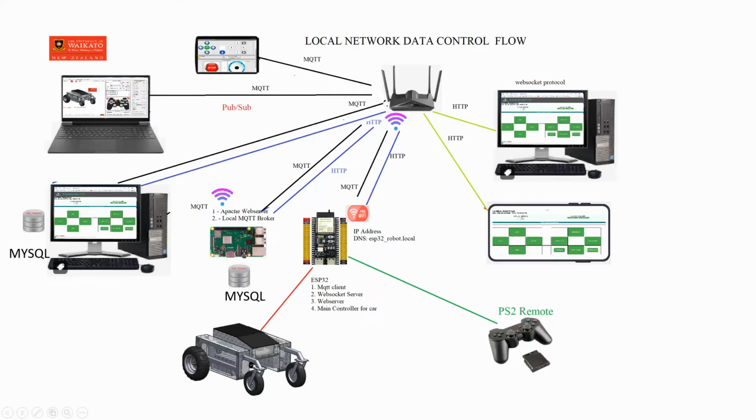In this local area network, we can also set any local computer to become a local web server, so that all the data from the robot car will be sent to this computer, which acts like a web server and also saves data into a MySQL server.